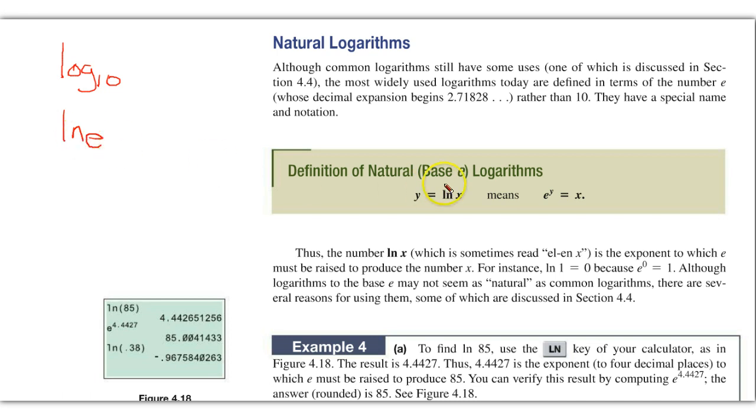Often they don't write the e as you see here. Okay? So this means base e to the exponent y, and x is the answer. And again, keep in mind that anything to the 0 power is 1, something we've just done recently.